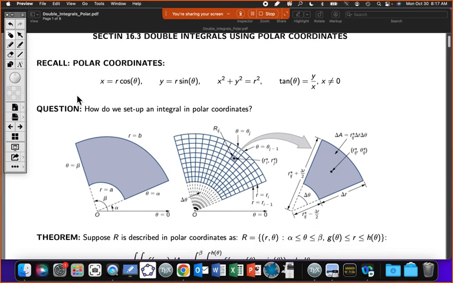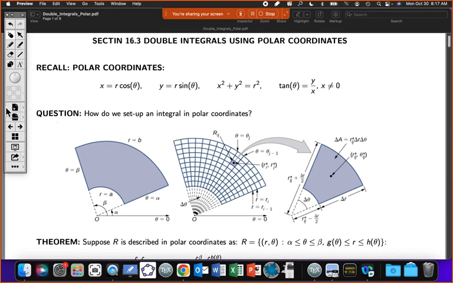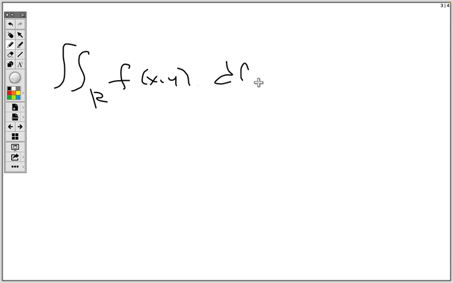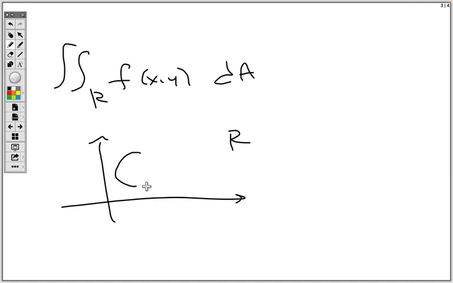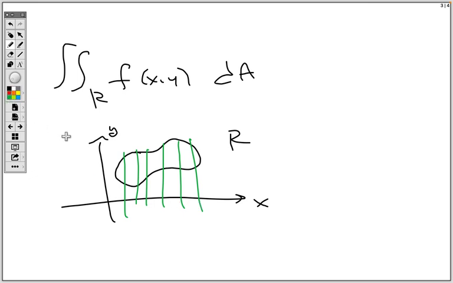But let's think about when we developed the double integral we've been working on, the double integral over R of f of x, y dA. When we had this region R in the xy plane, when we chopped up the x's and we chopped up the y's, we got ourselves these little rectangles in here.